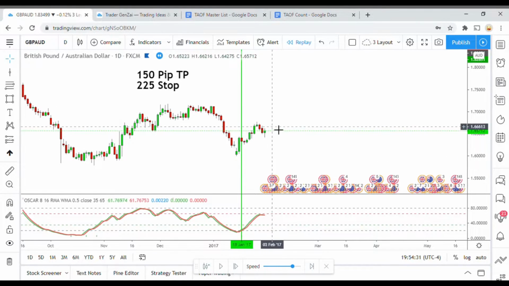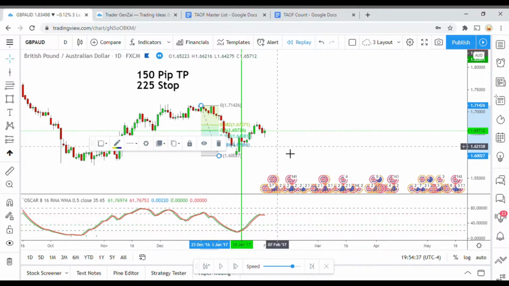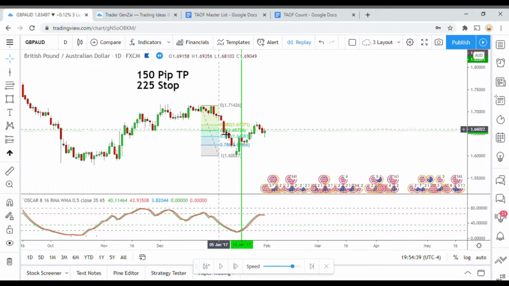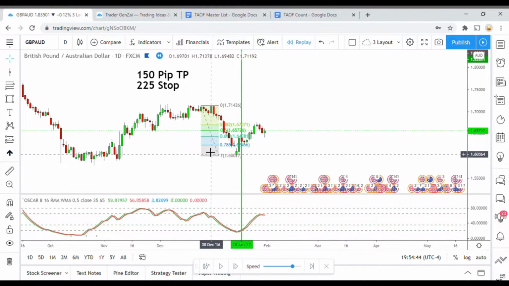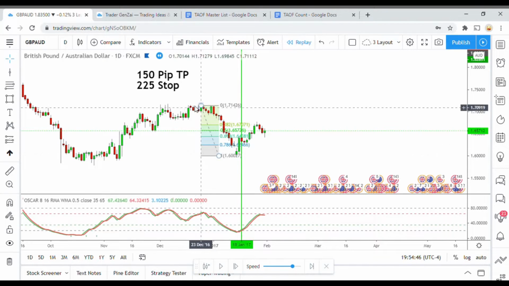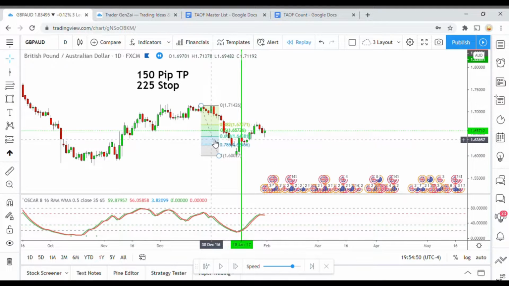You'll see this kind of action quite often. If you're not familiar with Fibonacci levels, here's an example of that. You have these different levels, and they kind of form support or resistance.